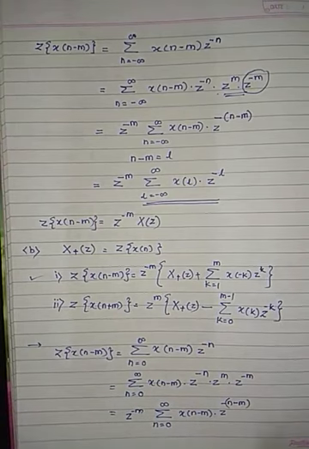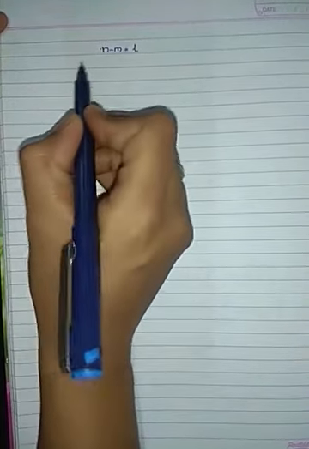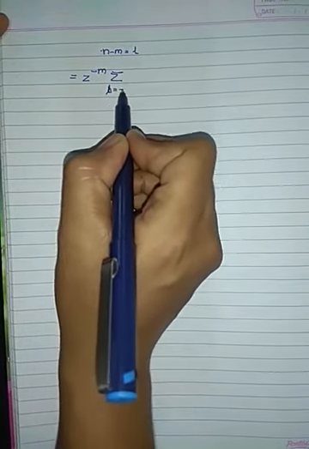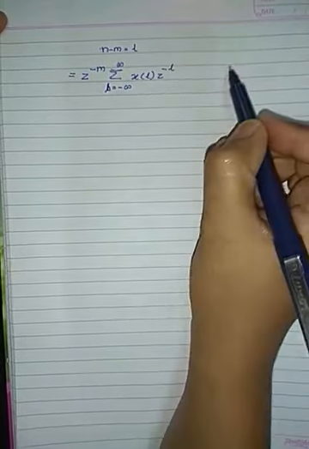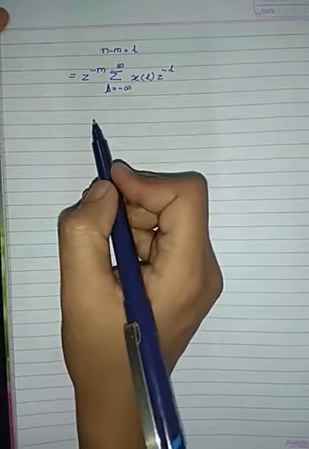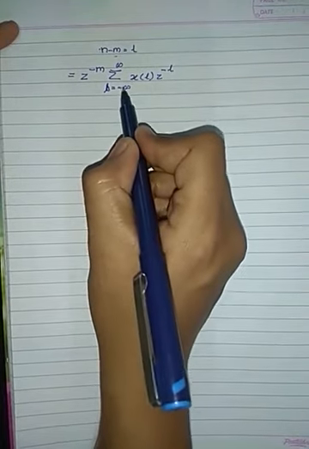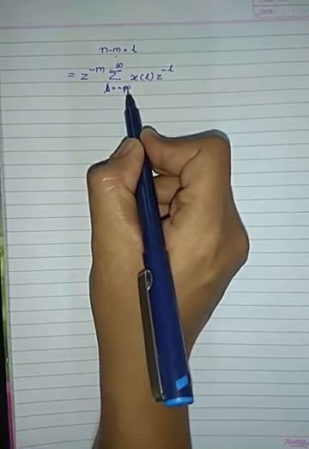Now what we are going to do? Replace n minus m with L. So our equation now becomes z raised to minus m, summation from L equal to minus infinity to plus infinity of x of L into z raised to minus L. Now, as L is equivalent to n minus m, after replacing the value n equal to 0, the lower limit for L will be equivalent to minus m.